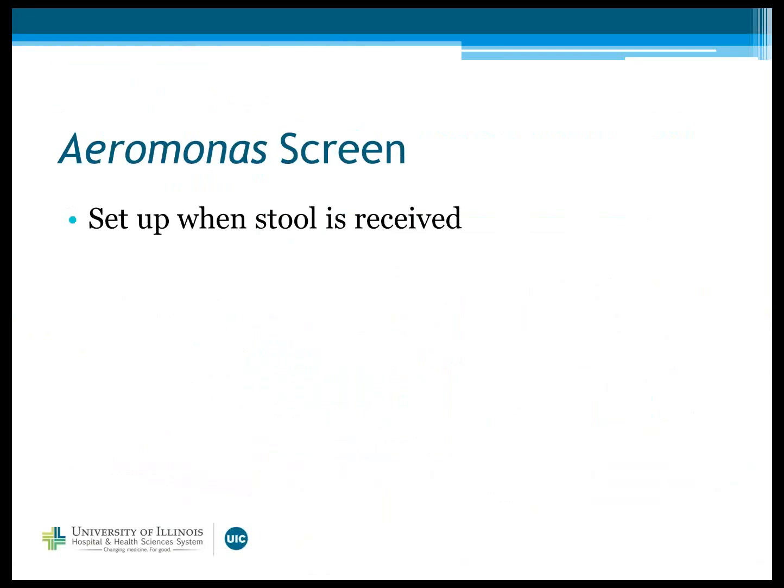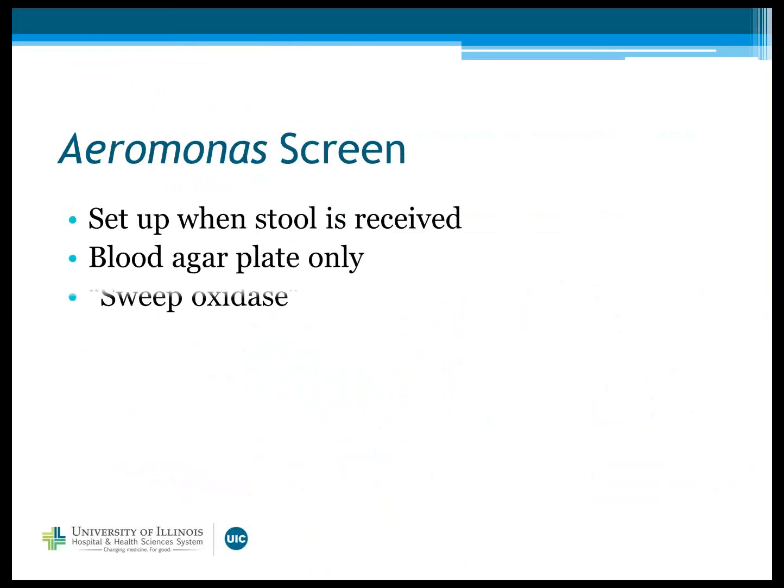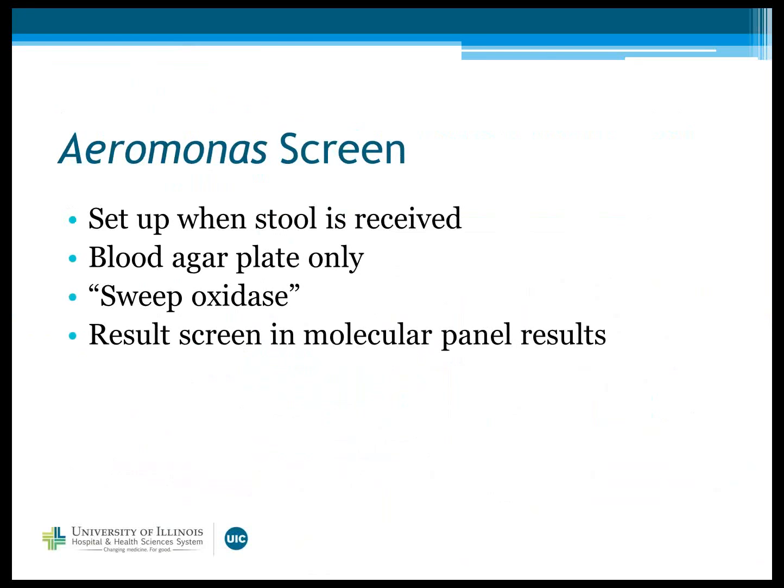So we implemented an Aeromonas screen, or continued an Aeromonas screen, which is what we had been doing as part of our standard stool culture workup. We set this up now when our stool is received, and we just use a blood agar plate like we were before, and screen that blood agar plate using a sweep oxidase test. So just take your swab and then drop a little oxidase reaction on there to see if we get a positive reaction, and also look for beta hemolysis.